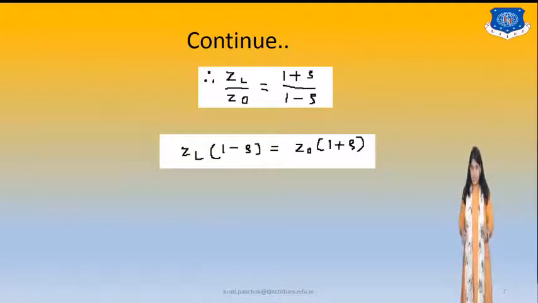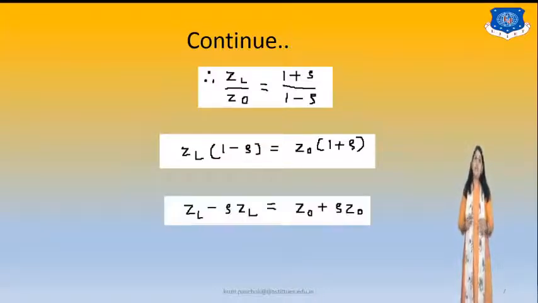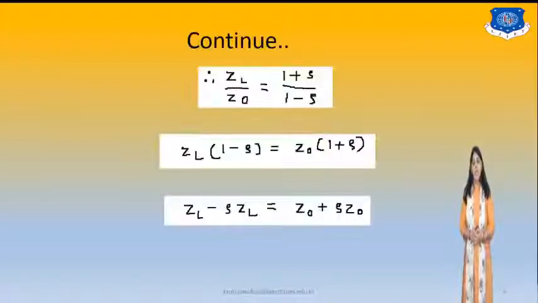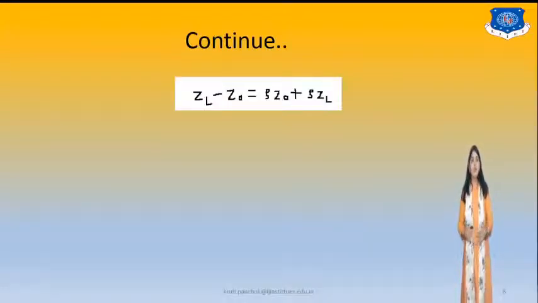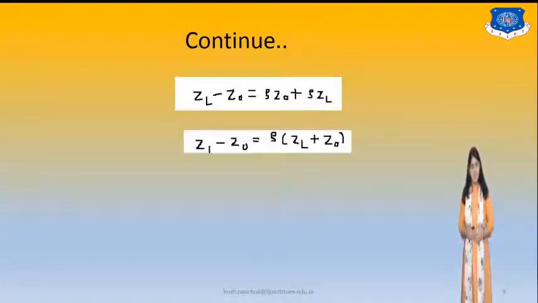So we can rewrite the equation by writing ZL in bracket 1 minus rho is equal to Z0 in bracket 1 plus rho. Simplifying, we can write ZL minus rho ZL is equal to Z0 plus rho Z0. So ZL minus Z0 is equal to rho Z0 plus rho ZL.